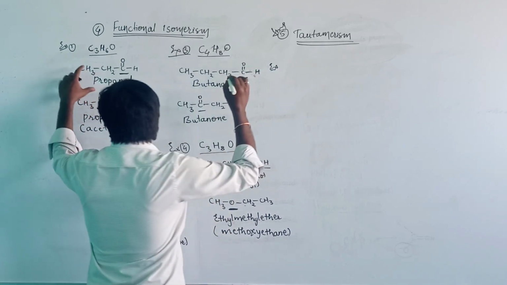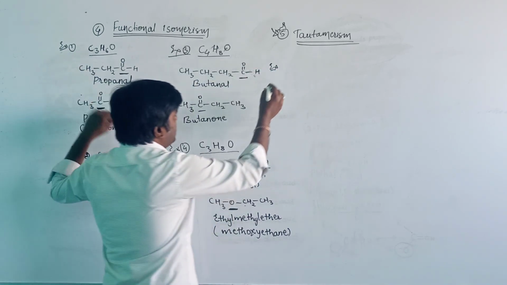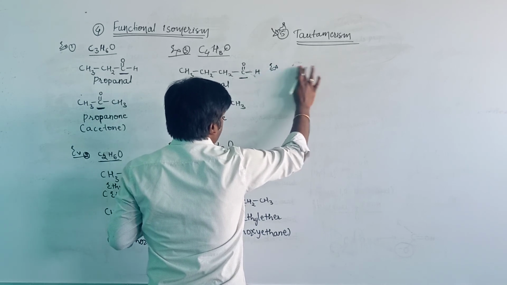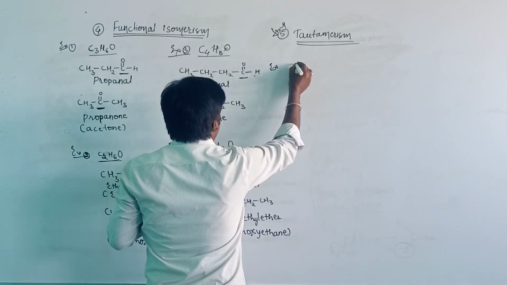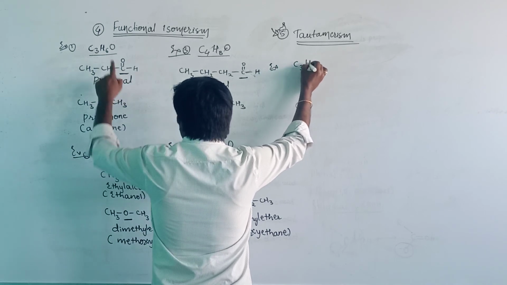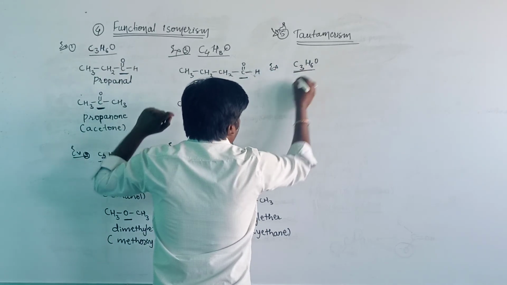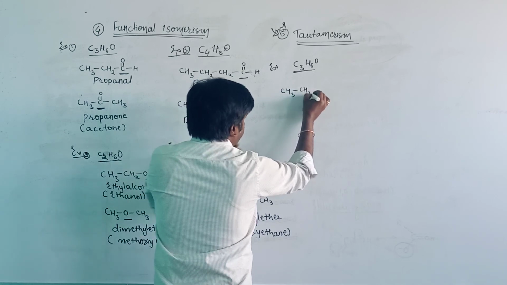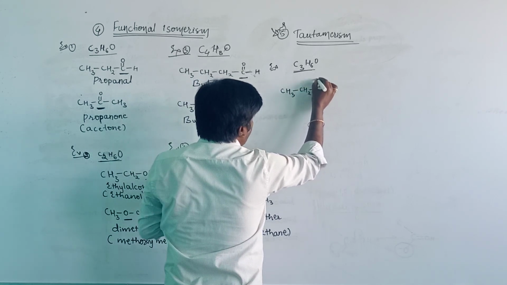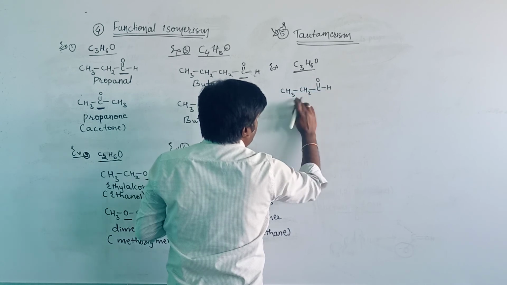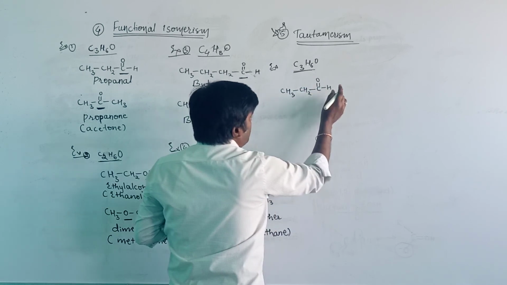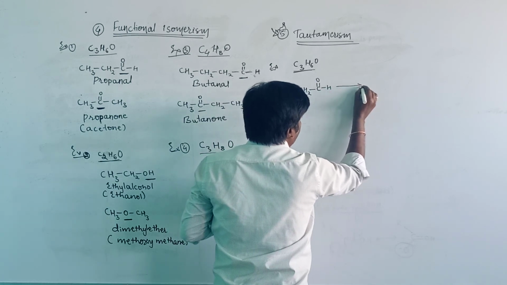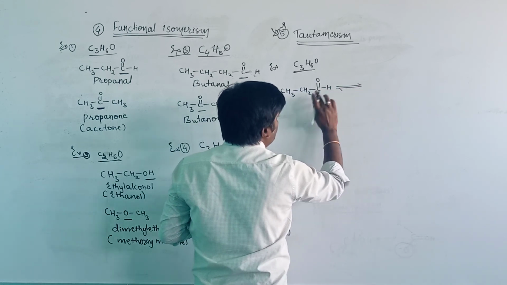We can take this example also. Directly I will write C3H6O, CH3 CH2 CH double bond O. Then the formula is C3H6O, with 3 carbon atoms and 1 oxygen atom, and a dynamic equilibrium exists between the two functional groups.